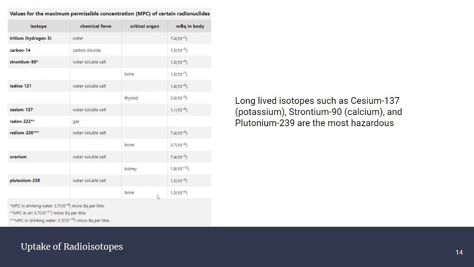So why do we care about these bone marrow calculations and everything? Why is that kind of common? Well, it's because our body will take in isotopes because it doesn't know it's bad. It just sees something like cesium, which is very chemically similar to potassium, so it puts it where potassium goes.